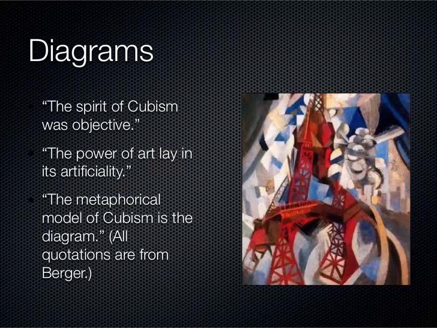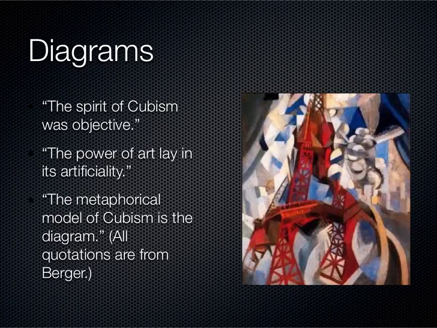But one of the hallmarks of modernity was the growing understanding that there is always a point of view, and that denying this creates not nature, but lies. So when Berger says that the spirit of Cubism was objective, he means that Cubist artists want to foreground that they have perspective, as a way of making clear the point of view embedded in their work.